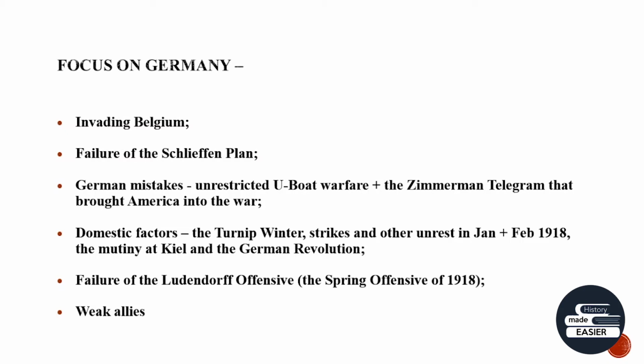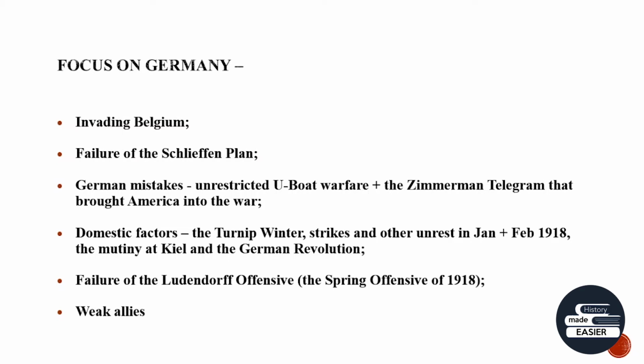Domestic factors, the turnip winter when Germans were starving and eating nothing but turnips, strikes and other unrest in January and February 1918, the mutiny at Kiel, and the beginning of the German Revolution.